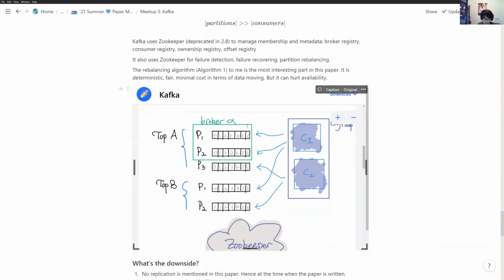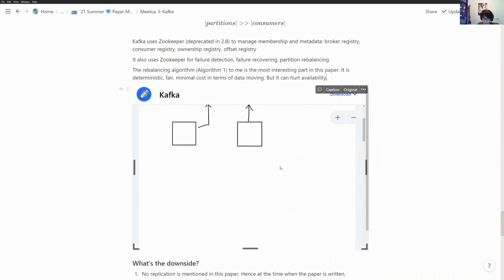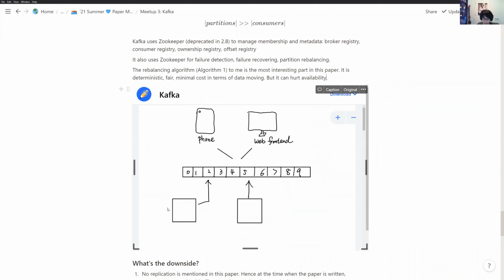So I have drawn a picture here to illustrate this whole setup. The motivation for Kafka is a distributed log. Although I only draw one log here, you can think of this log as partitioned across multiple machines. It takes producers like your mobile phone or web front end, and those producers directly append to the last entry of the log.